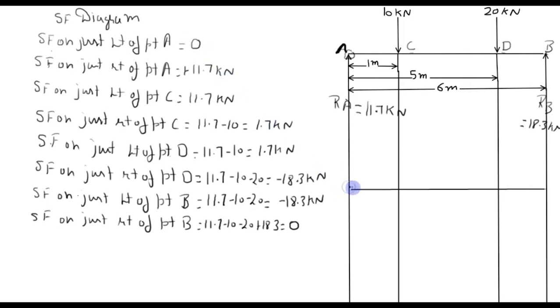So first one is A has got a 0, second value is 11.7, positive, this is 11.7.